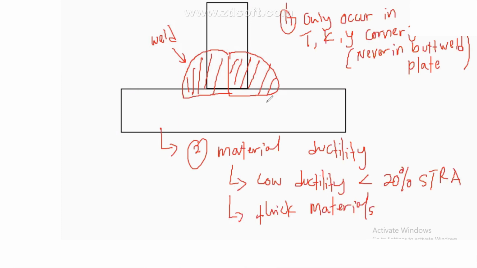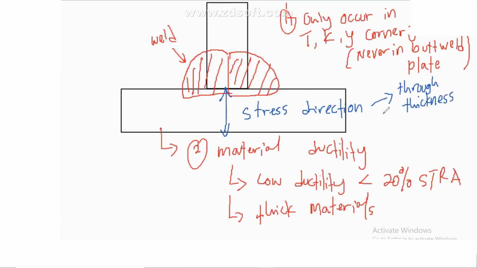That's the second factor. And the third factor I can write down here is the stress direction. The stress direction can have three names: through thickness, and sometimes they call it short transverse, and also sometimes they call it Z direction. For example, we have X, Y, and that is Z. So what does it mean?